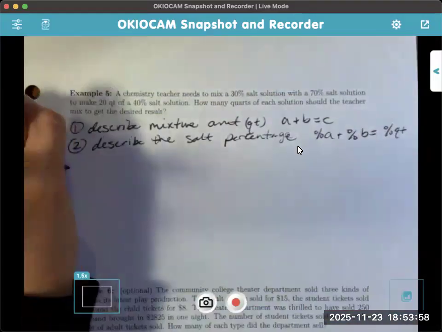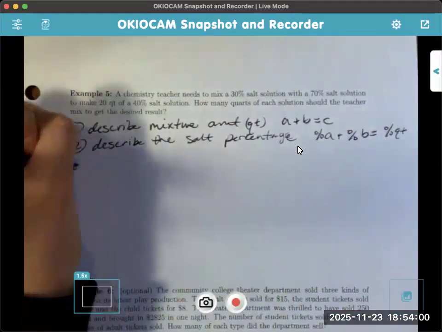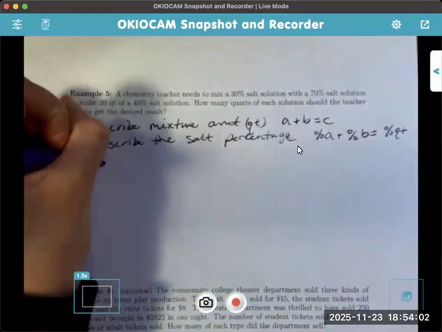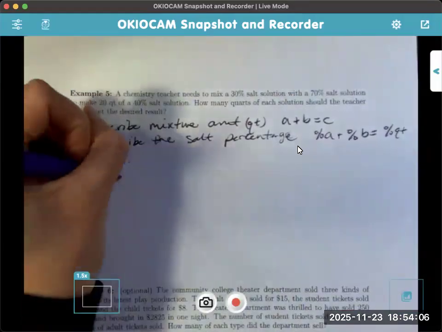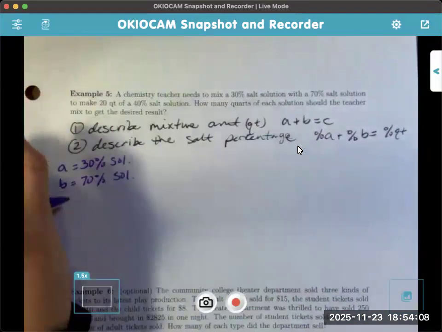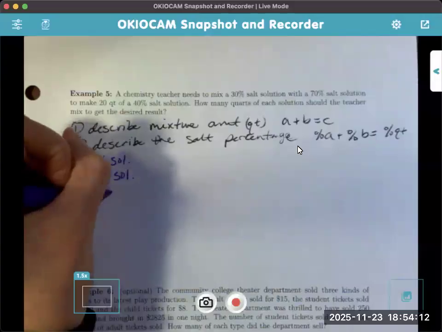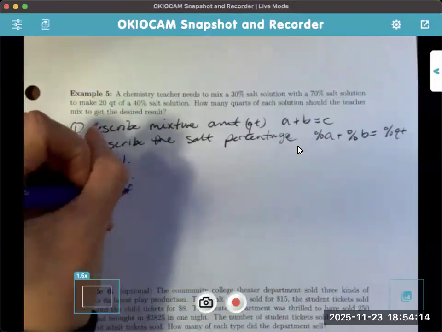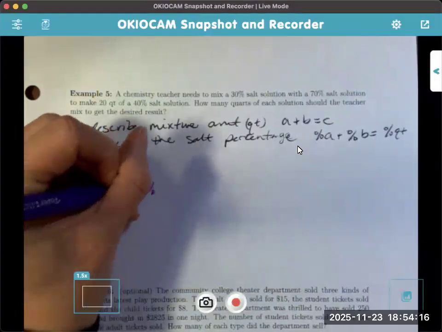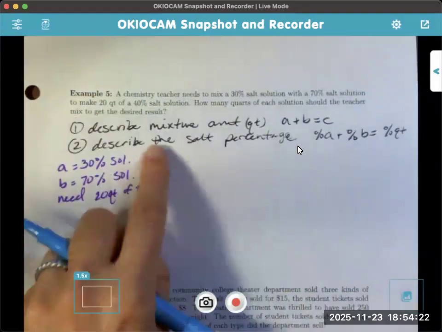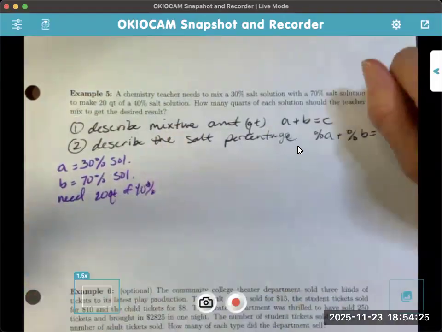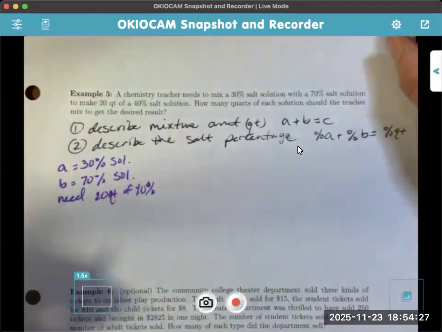Okay. So if I say that A is equal to my 30% solution, B is equal to my 70% solution, and then we need 20 quarts of 40%. That means we have, well, actually, you tell me, pause the video and see if you can get the respective 1 and 2 equation, and then come back when you're done.